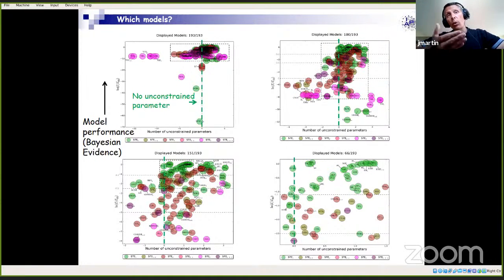And it's clear that we ought to prefer the model with the smallest number of parameters, and therefore this number of unconstrained parameters should be close to 0, which means that the model should lie in this diagram along the vertical dashed green line. So to summarize, a model, to be a good model of inflation, should be at the top of the graph along this vertical green line.